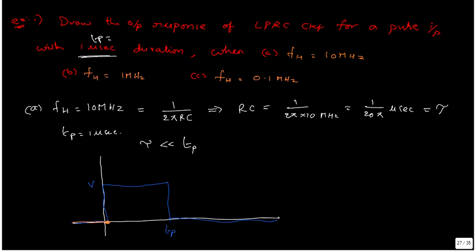Initially the voltage across the capacitor is 0. When the voltage V is applied for the Tp duration, the capacitor reaches the final value and maintains that value here. At t equal to Tp, as 0 volts is applied, again because of the small time constant it reaches that 0 value within no time.